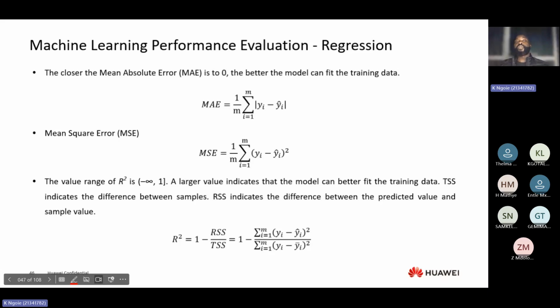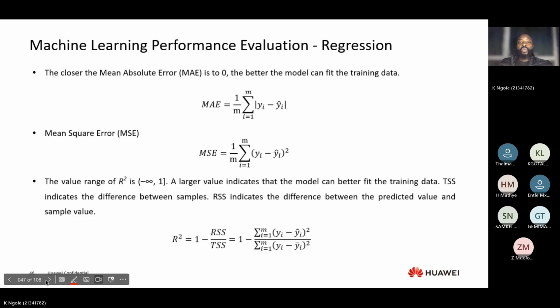So if we're dealing with a regression problem, what is a regression problem? A problem where the output will be any value. It can be a number from 0 to 1,000,000 to anything. It's not a category. When we look at an issue like this, we have the MAE, the mean absolute error, which is expressed here.